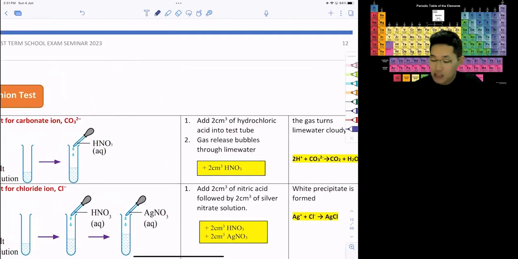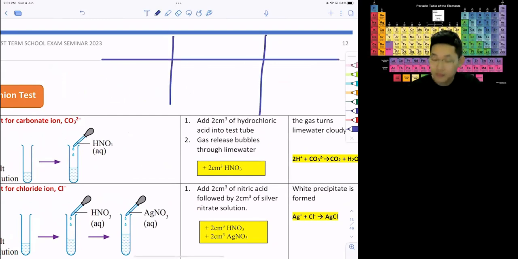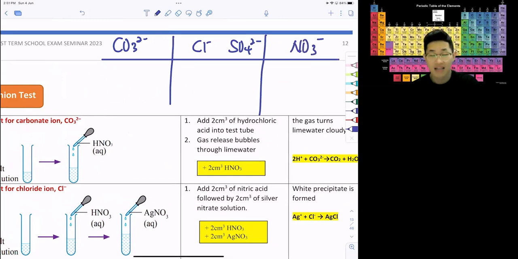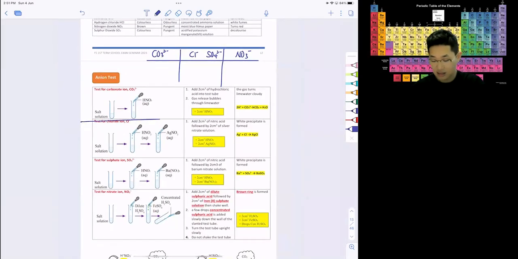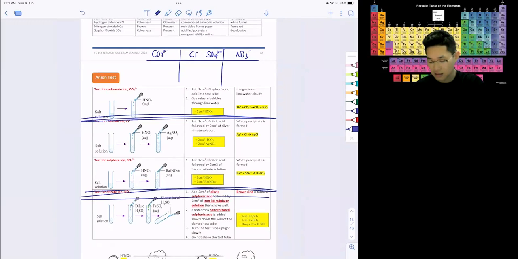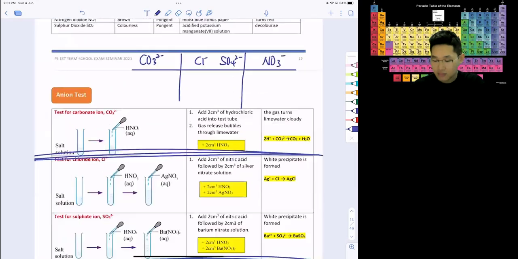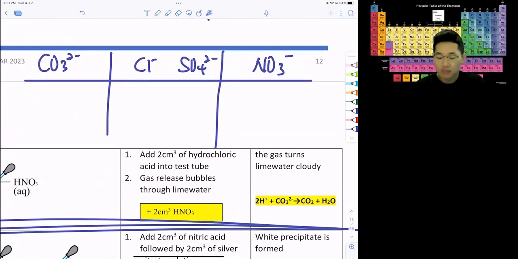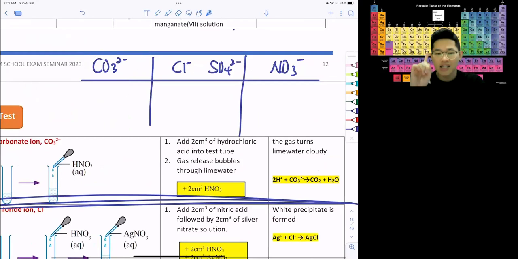Me, I always put them into 3 groups. Like this. Okay, why is it 3 groups like this? The one in the first group only needs 1 step to get the result.